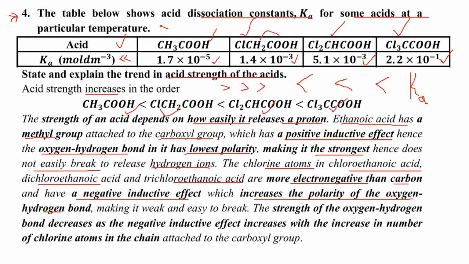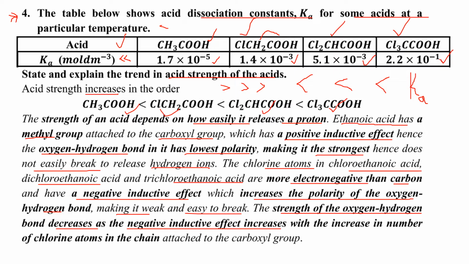Once they increase the polarity, it makes the oxygen hydrogen bond weak and easy to break. And if it's easy to break, that means that hydrogen ions are going to be easily released in solution. Therefore, the strength of the oxygen to hydrogen bond is going to decrease as the negative inductive effect increases.